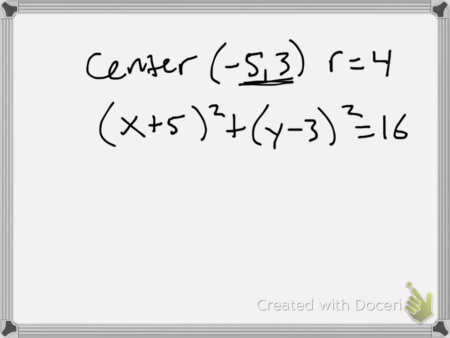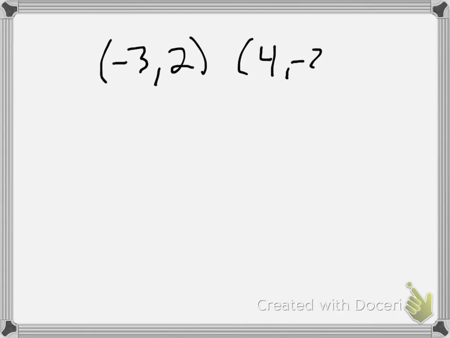It looks like you also had circle equations where you were given a center and a point, so this is going to be one of your circled ones. One of these points is your center, and one of these points actually lies on the circle.